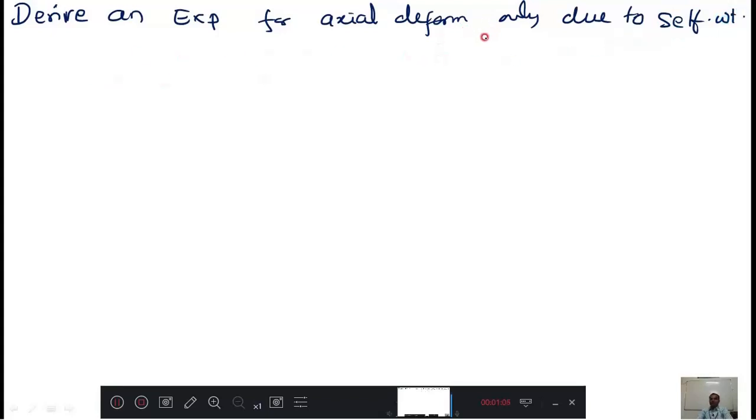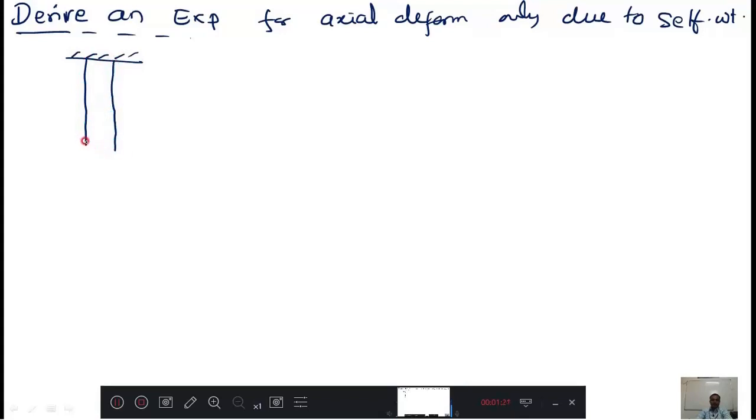This is a derivation. This is the heading, and you can write down the points here. Let us consider a hanging prismatic bar. Write it in words first.